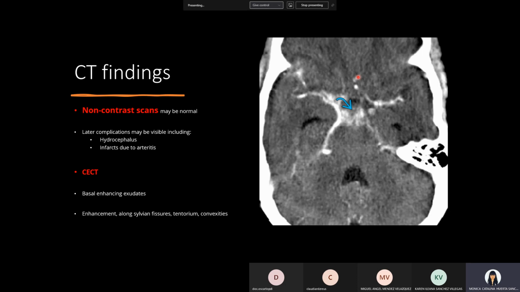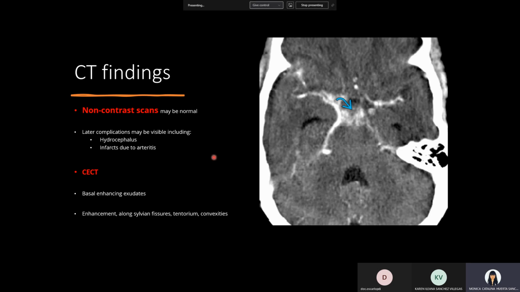In the CT findings, the non-contrast scans may be normal in early stages. However, in later stages, we can detect complications such as hydrocephalus and infarcts due to arteritis.